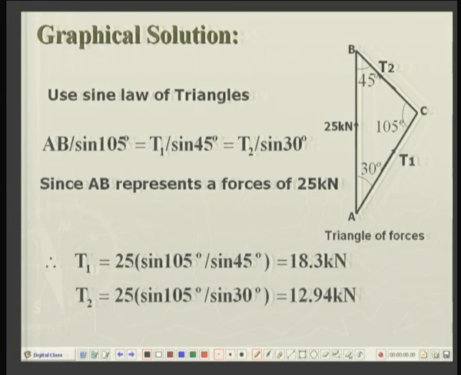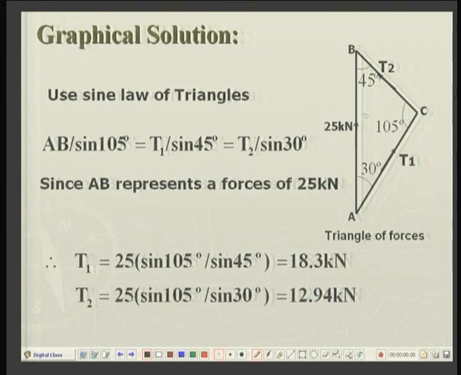And now you use the well known sine law of triangles. AB divided by sine of the opposite angle, 105 degrees, is equal to T1 divided by the sine of its opposite angle, sine 45 degrees, which is equal to T2 divided by the sine of its opposite angle, sine 30 degrees.